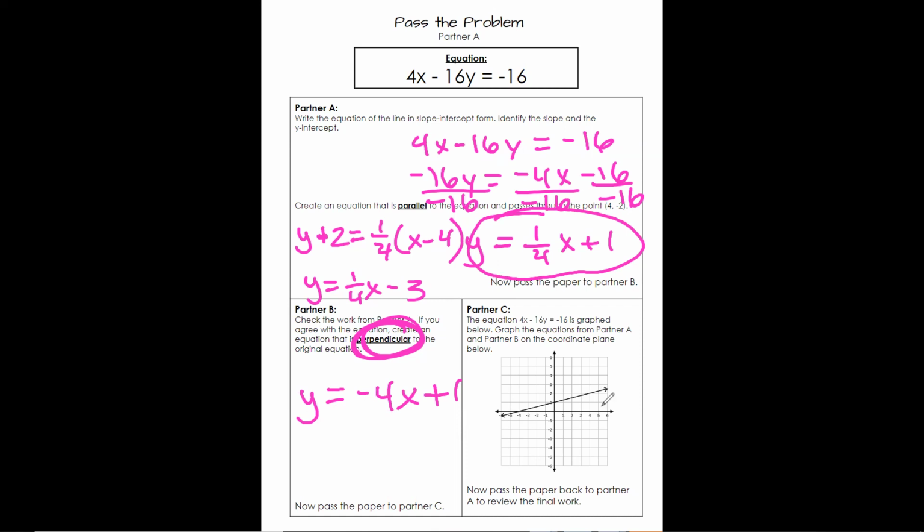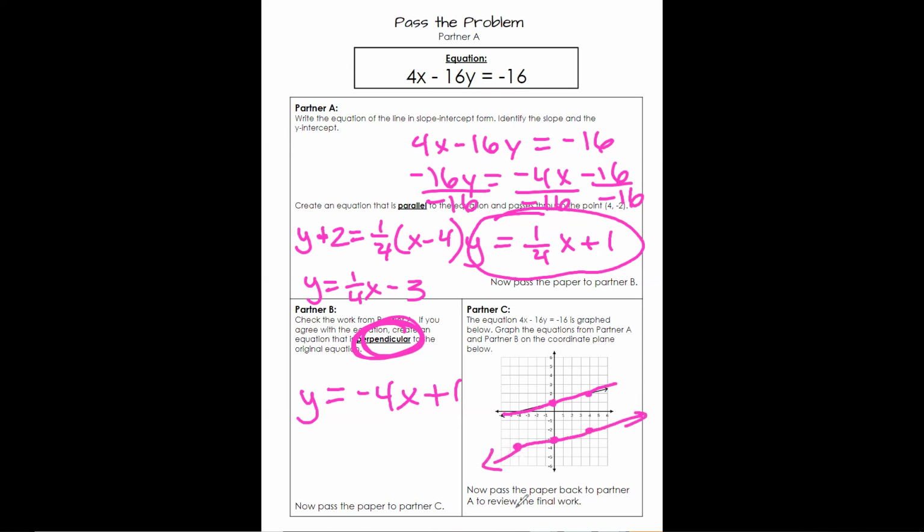Now, when you graph from this one and this one, what you should have gotten is something like this. Up 1 over 1, 2, 3, 4. This is the equation for that line. This is the partner A. And then you got to graph this one. So this is going to be here. 4, down, 1, 2, 3, 4.